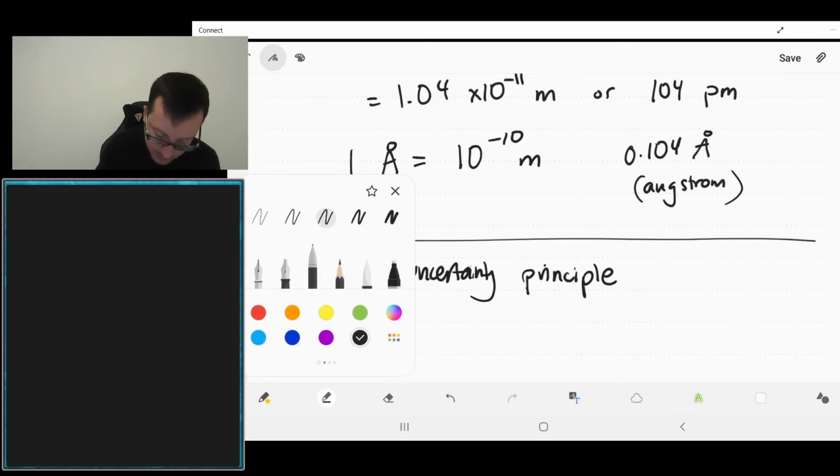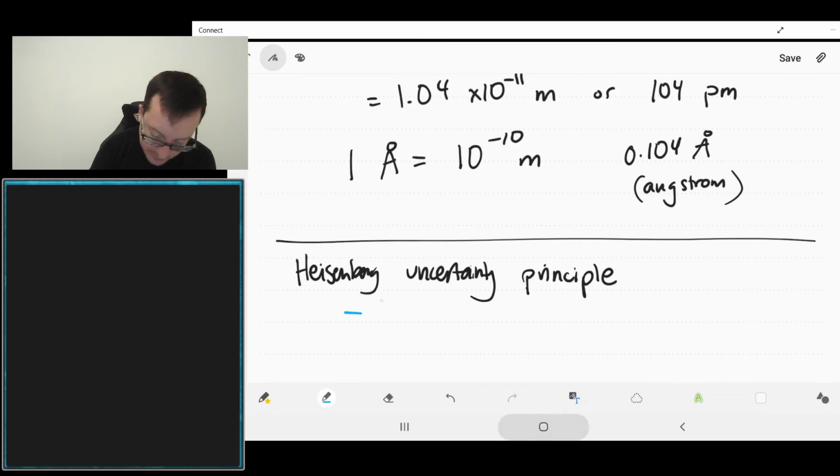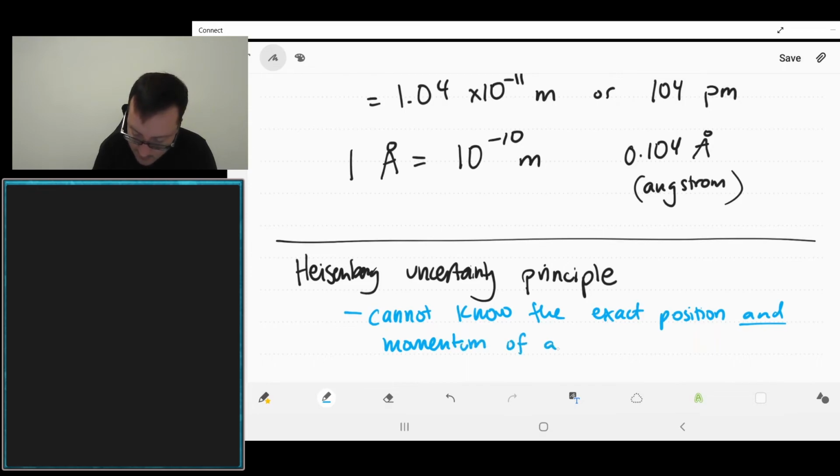Instead of teaching us how to make methamphetamines, this principle actually tells us that we cannot know the exact position and momentum of a small object at the same time.